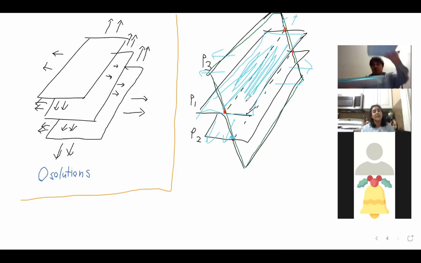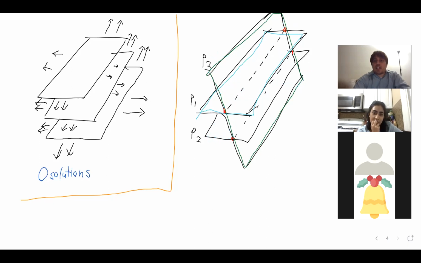If you were to stand on this lower plane, but you were really short, you would not be touching the top plane, right? Make sense? Okay, so this point here is not on P1, which means that it is not on all three planes. Once it's not on one of them, it is not on all three.